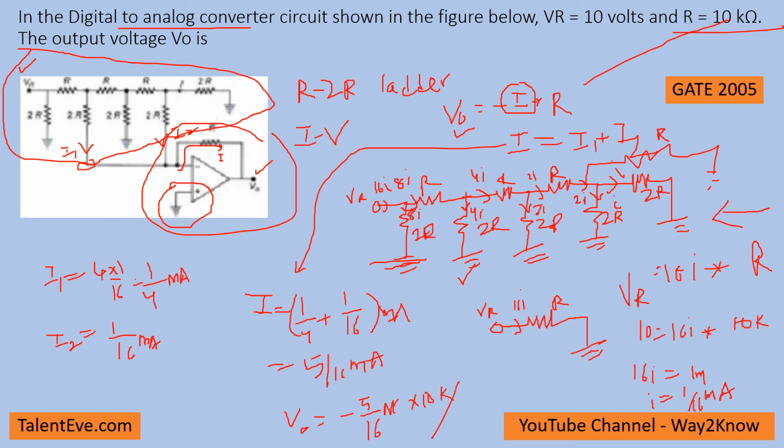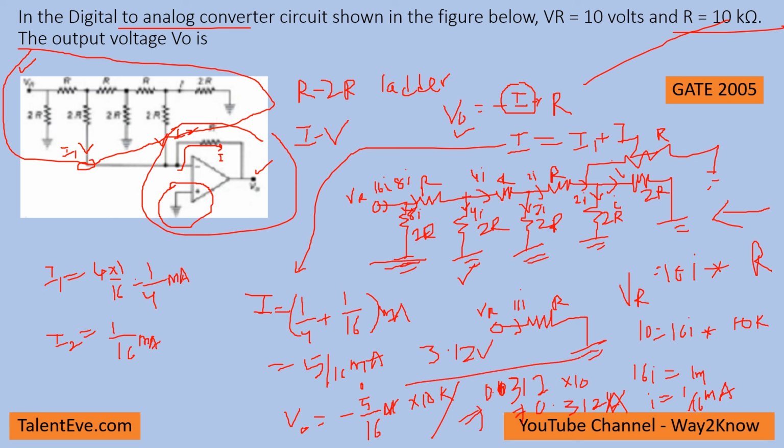Calculating 5 by 16 gives 0.3125, and since K and milli cancel, this is 0.3125 into 10, which means 3.12 volts.